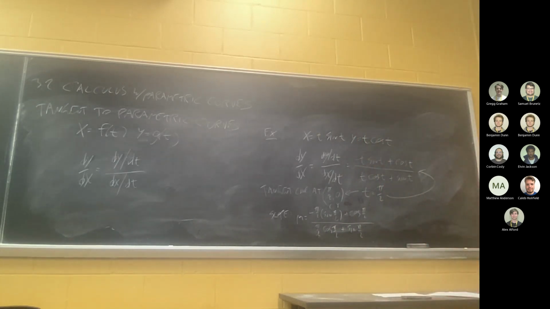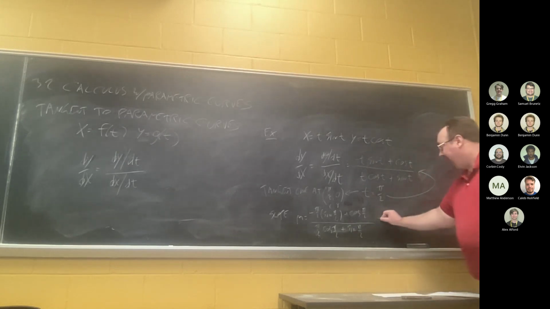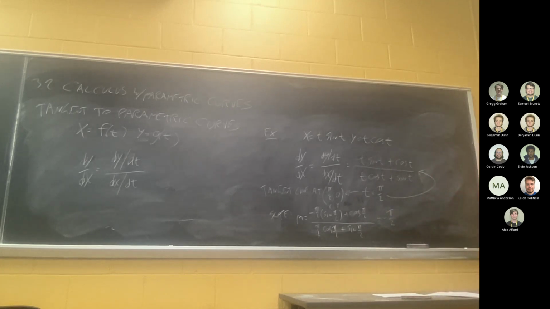Now cosine of pi over 2 is 0, so a couple of those terms are going to go away. And once you simplify everything, you end up with minus pi over 2.